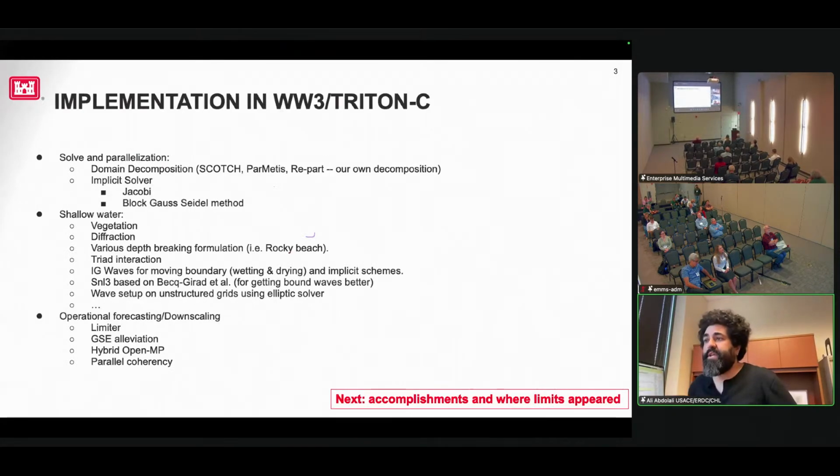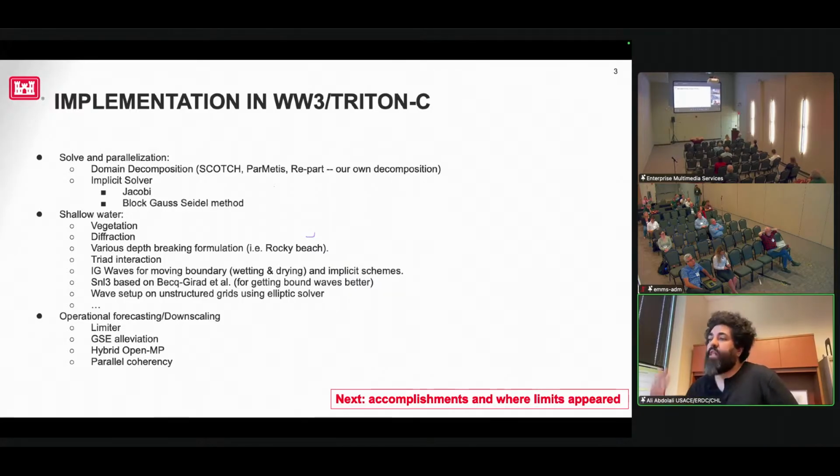So over, I think, 10 years, we implemented different types of domain decomposition, including Scotch, ParMETIS, and the new partitioning system that we developed ourselves. We implemented implicit solvers, including Jacobi and block Gauss-Seidel methods, which can help us with the CFL constraint. And also with the domain decomposition, we are no longer limited to almost 1,000 CPUs, so you can allocate 10,000, 20,000, as long as you have those CPU cores.